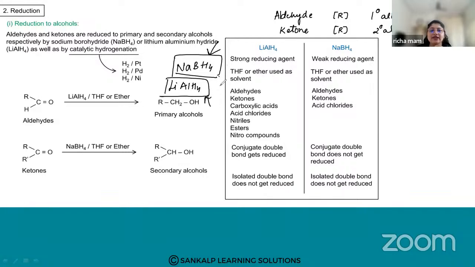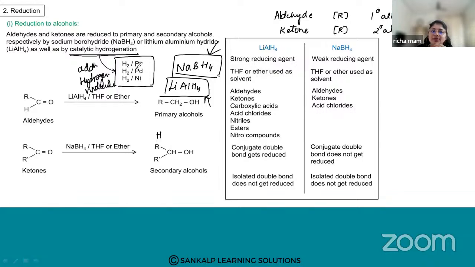Or you can use catalytic hydrogenation also. Catalytic hydrogenation means in the presence of H2 platinum, H2 palladium, or H2 nickel. Hydrogenation means we are adding a hydrogen molecule. How are we adding this hydrogen molecule?